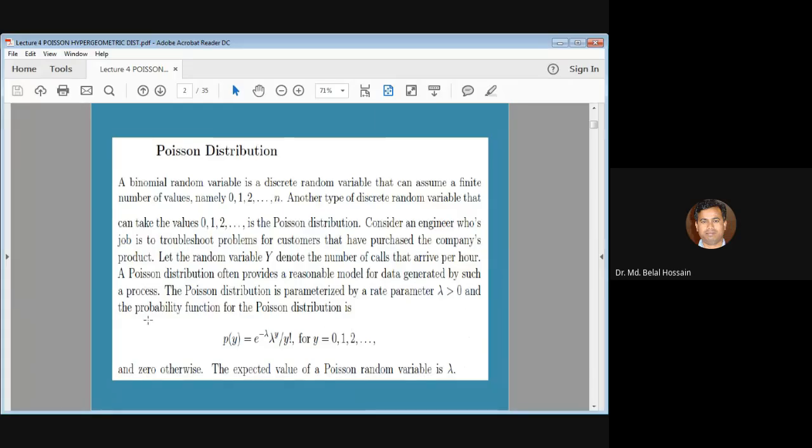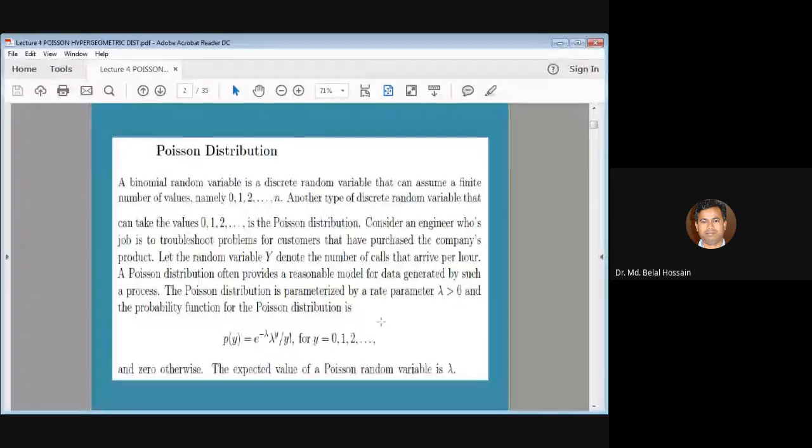The probability function of the Poisson distribution is P of y equals e to the power minus lambda, lambda to the power y, divided by factorial y, where y takes values 0, 1 to infinity. The distribution takes value 0 otherwise.